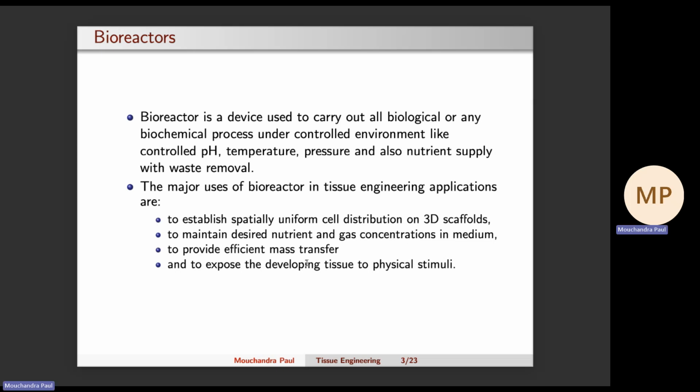You will be able to get very good mass transport, that is, cell transport as well as media content transport, very efficiently. And lastly, you will be able to expose your developing tissue to some physical stimuli, and that will ultimately help in maturation of the tissue with better characteristics.